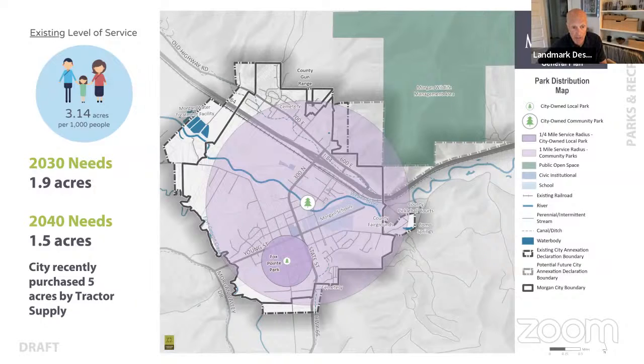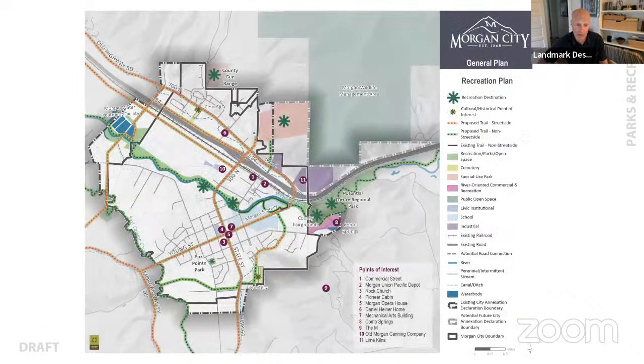That being said, you could probably, and we're recommending that you look beyond that to create sort of a park system as an attractor for some of those economic reasons, as well as just for enhancing the quality of life. And that's illustrated in this recreation plan, where you do have these sort of parks and other recreation destinations, primarily along the Weber River, but in other locations, bike courses and such.